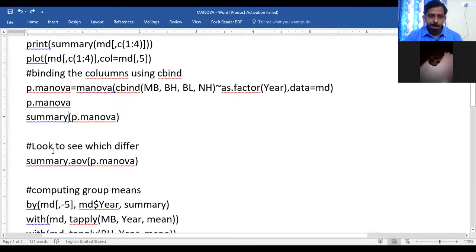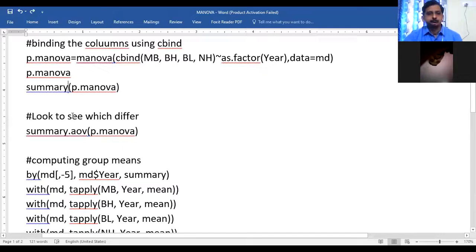Now, we have one more function, summary.aov of the P.manova. This is the collective MANOVA table, which will talk about the covariance structures, the covariance between the factors and within the factors. Like in ANOVA, we have treatments, I mean, the factor sum of squares, the variation due to the factor, and then the residuals.